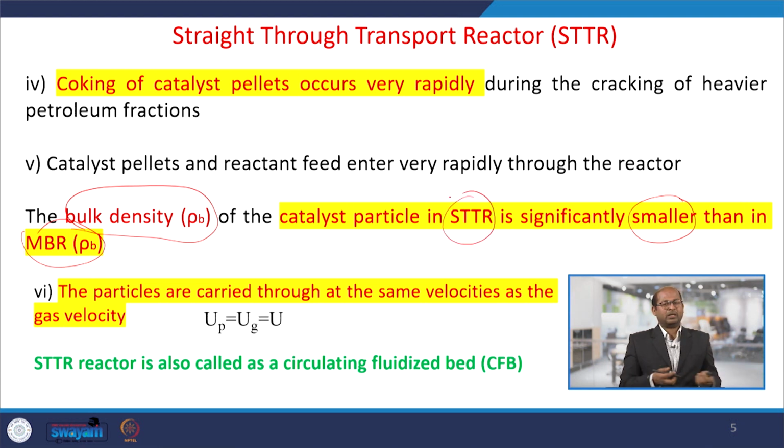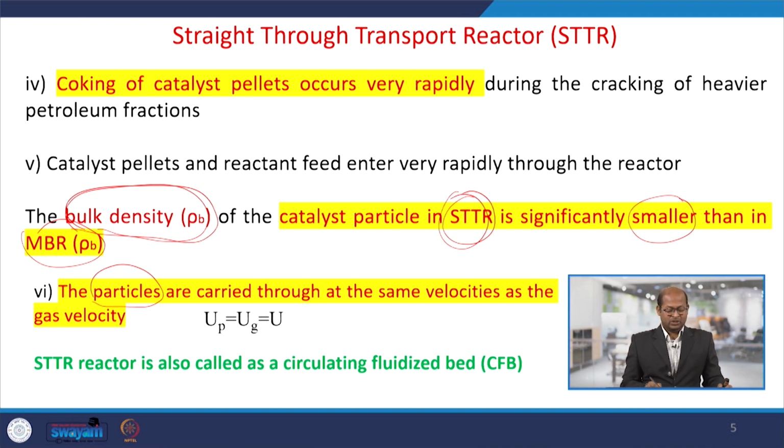Here the gas, in the form of volume, occupies more of the space, and the catalyst as small particles is moving from the bottom to the top. Therefore, in this type of reactor, the bulk density of the catalyst is smaller than in the moving bed reactors.